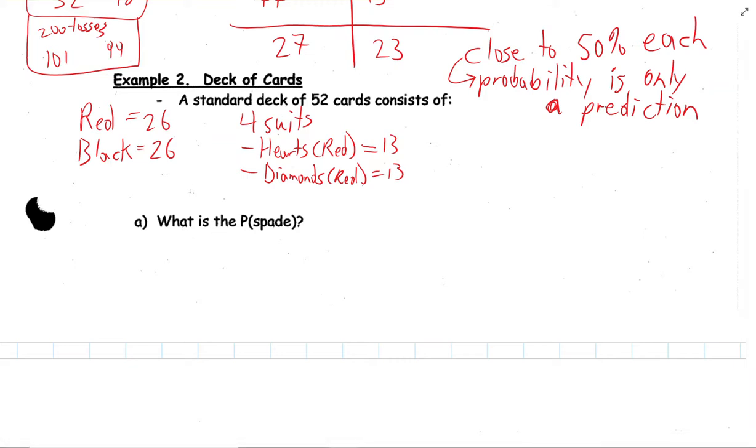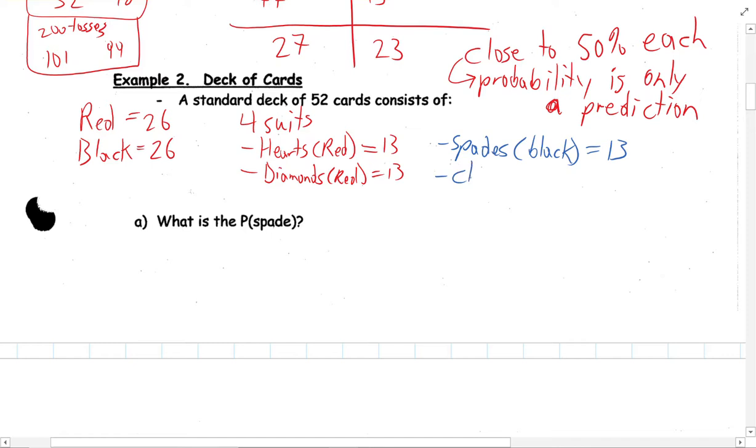What about the other suit? The other suits are spades. That would be a black suit, so usually they are a black color. I want to use blue just so that you can see it easier. That would be 13. And then the other one would be clubs, and that will also be a black suit. So the numbers will be black on the cards, and that's going to equal 13 as well.